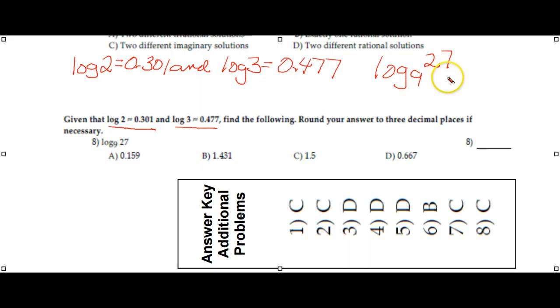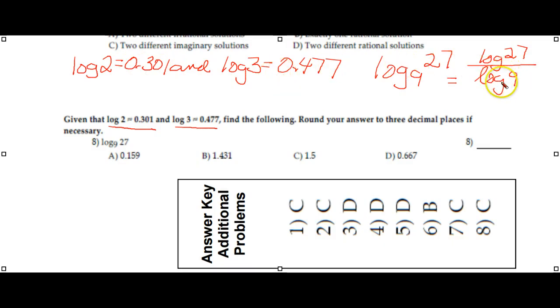Now, normally, we would convert this using the change of base formula, which is log of 27 divided by log of 9. If you put that into your calculator, you're going to get one of these answers. But you need to show the work using this so that you can get full credit.